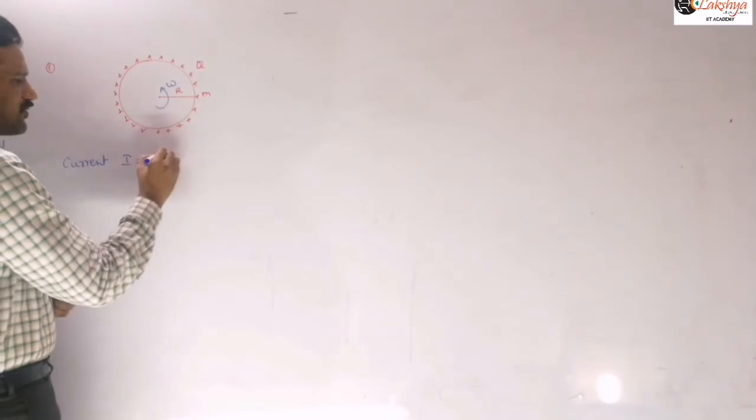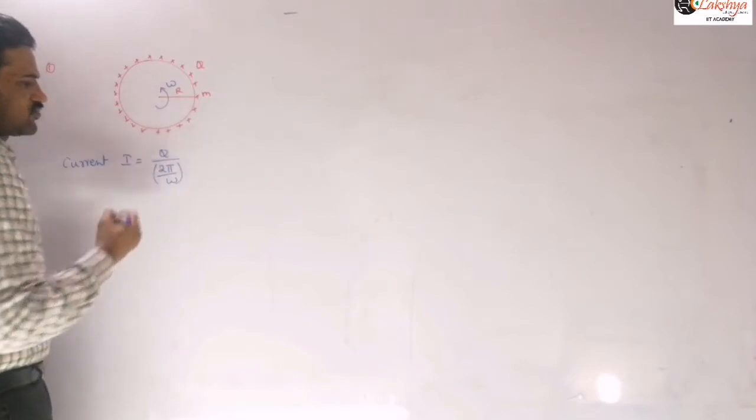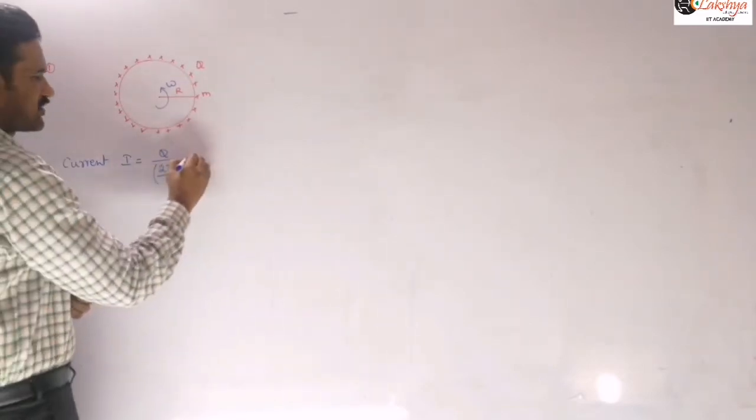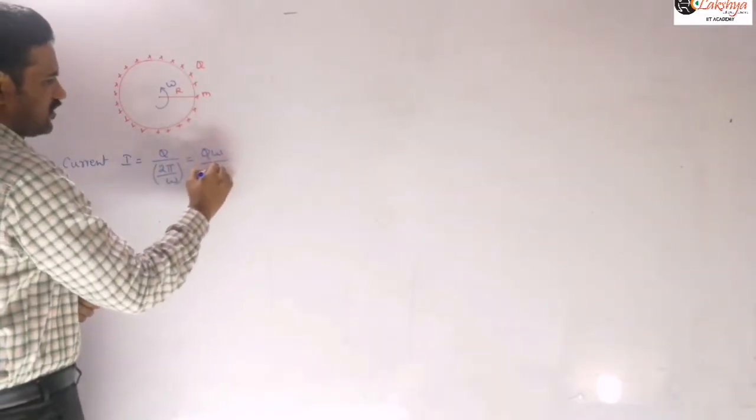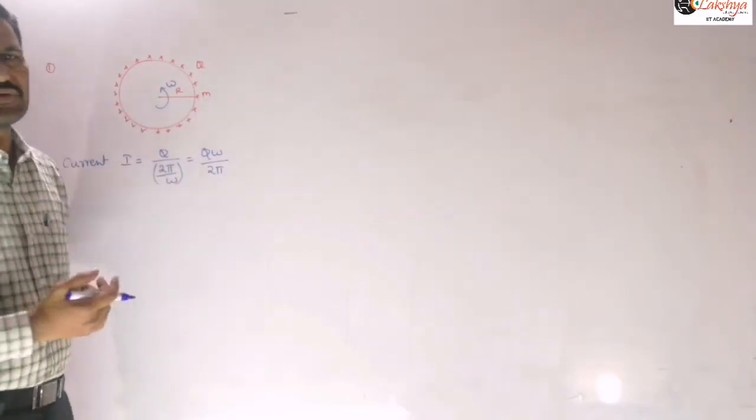The current I is equal to Q by T. For all rotating objects, we express T as 2 pi by omega. So when angular velocity is given, the current is Q omega by 2 pi. This is the equivalent current flowing in that circular orbit.